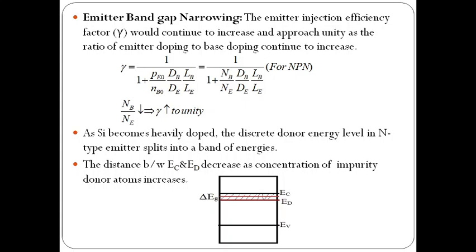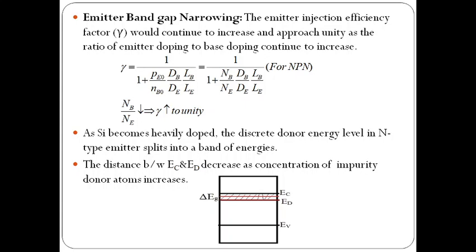If this NB by NE ratio decreases, then the emitter injection efficiency will increase. Up to what maximum value? The maximum emitter injection efficiency is always 1. So as the NB by NE factor decreases, gamma increases, and it reaches 1.